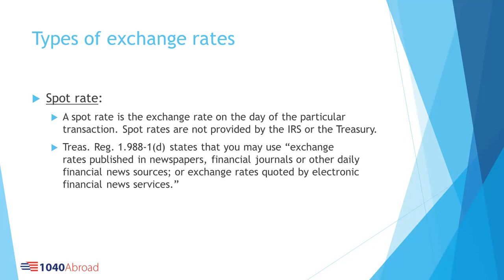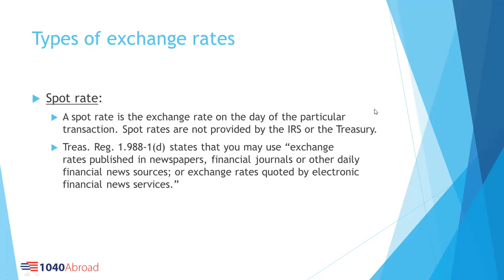For instance, when I deal with Canadian clients, I would often use the Bank of Canada's exchange rate because that's the rate that they have to use on their Canadian tax return. This way you can do a round trip, translate from Canadian dollars to US dollars and back into Canadian dollars and end up with the same amount. But really, any exchange rate from a reputable source will be accepted by the IRS as long as it's used on a consistent basis and not in a way to distort income.